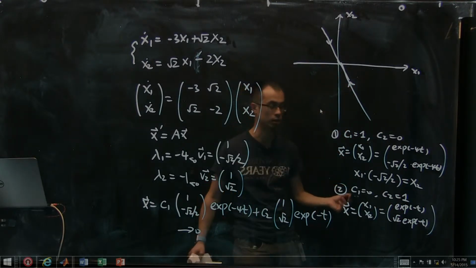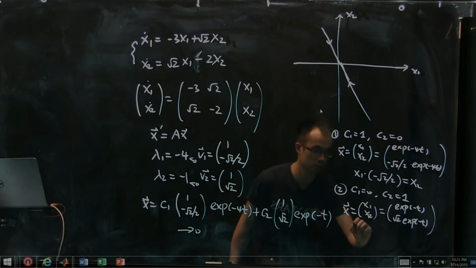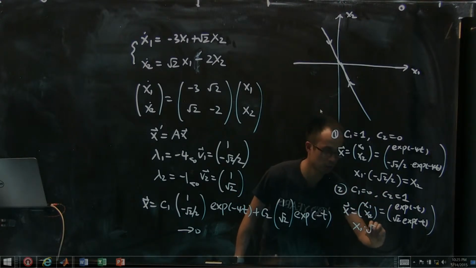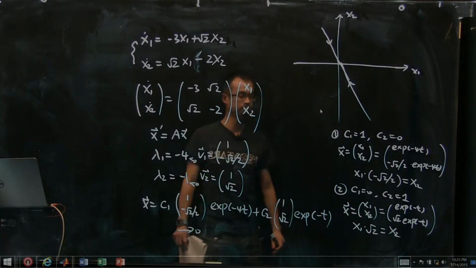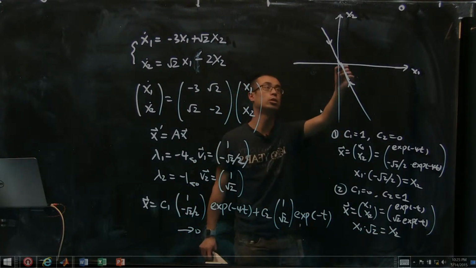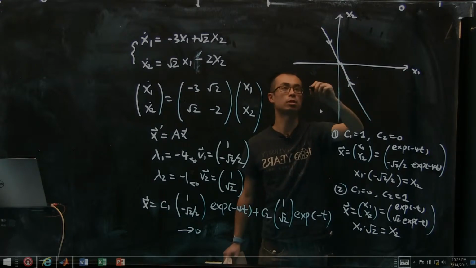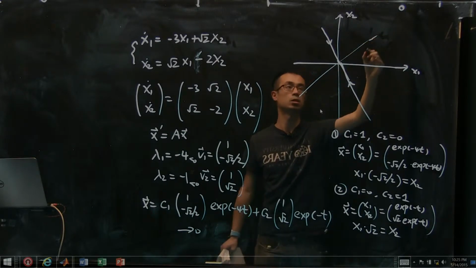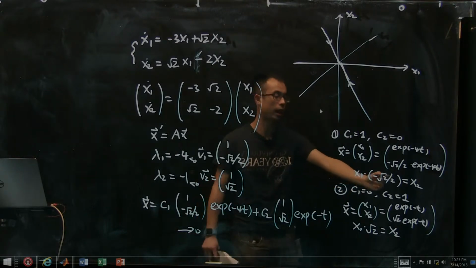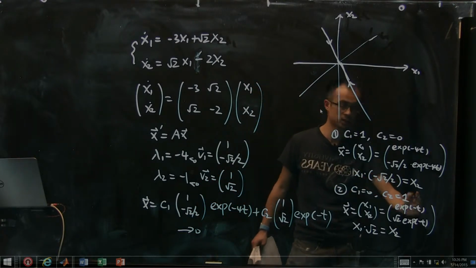So we can use a straight line again to express it, which is x1 times square root 2 equal to x2. All right, so again, we can just draw this straight line pretty easily. But this time, again, as t goes to infinity, it goes to 0.